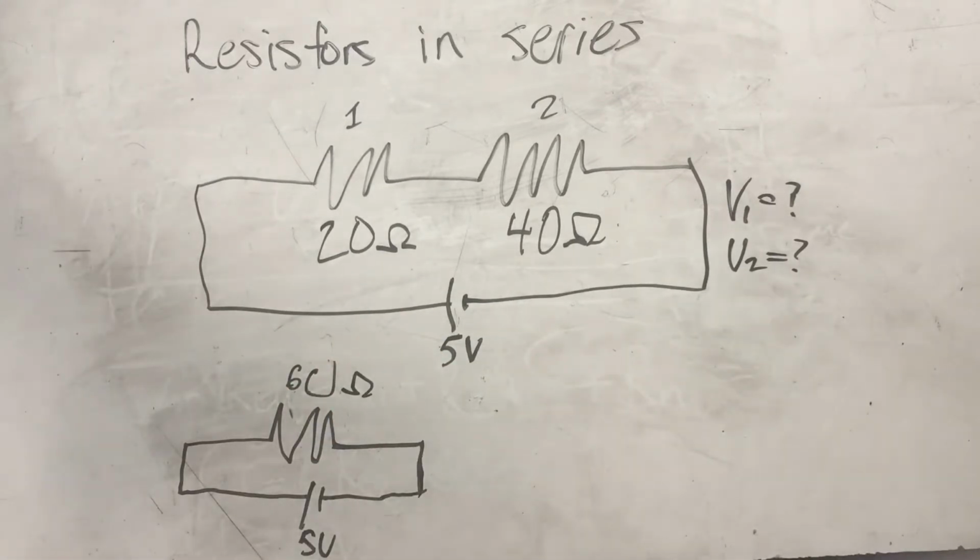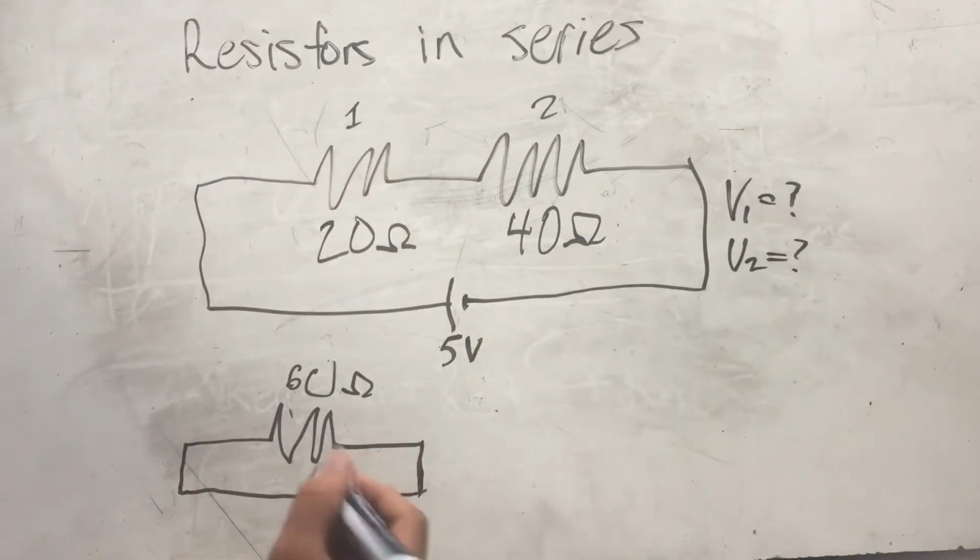Here we can find the current that will be through both of these, as it's equal to the current in the equivalent resistor.